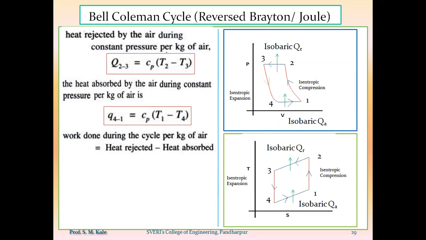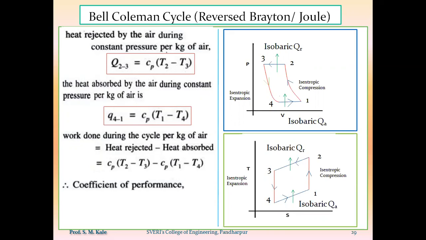According to the first law of thermodynamics, the cyclic integration of work is equal to the cyclic integration of heat. That's why the work done is calculated as heat rejected minus heat absorbed. Heat rejection is Cp (T2 minus T3) and heat absorption is Cp (T1 minus T4). Putting those values, I get this equation. This is the amount of work done on the cycle per kg of air, because this is a work consuming device.